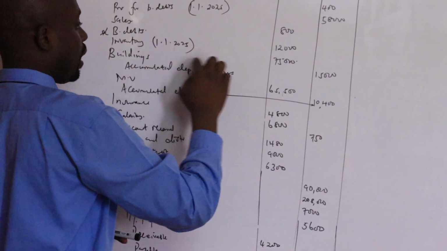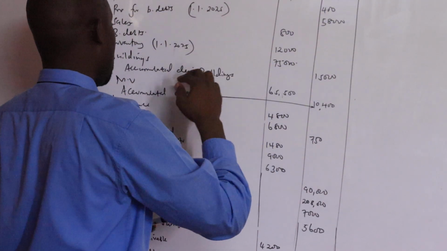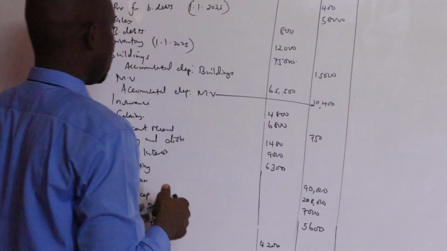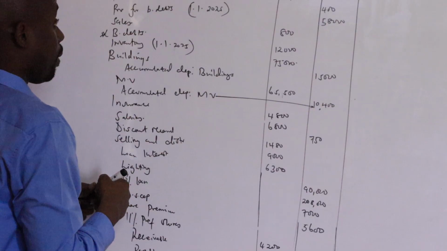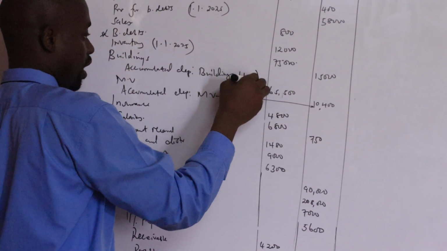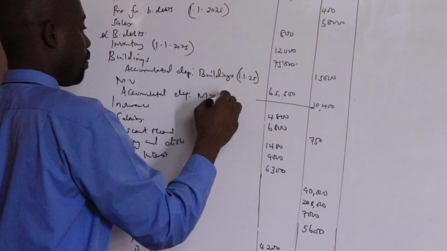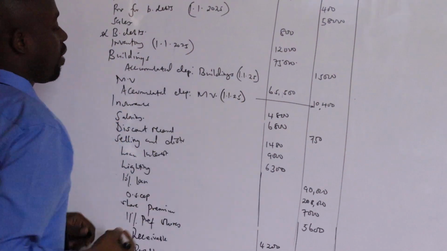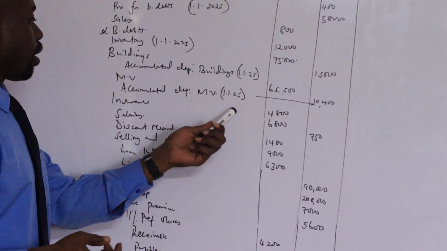So you are seeing here building having 75,000 and its provision for depreciation being 15,000, and always this provision will be named or attached to the first day of the financial year. It was 1st January 2025. You'll find them attached to the first day of the financial year.